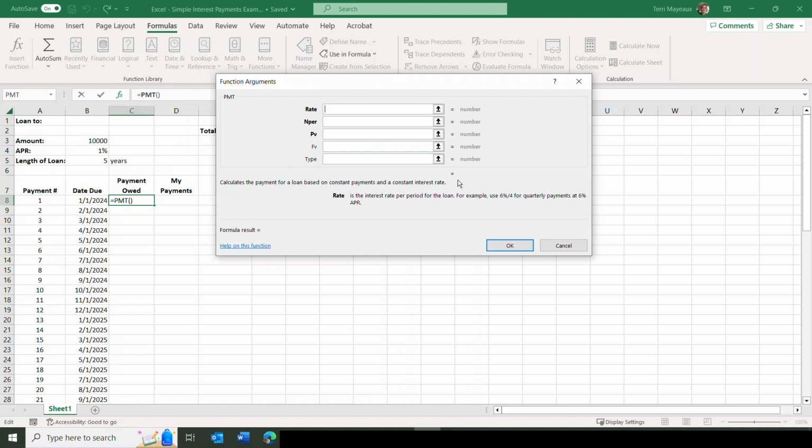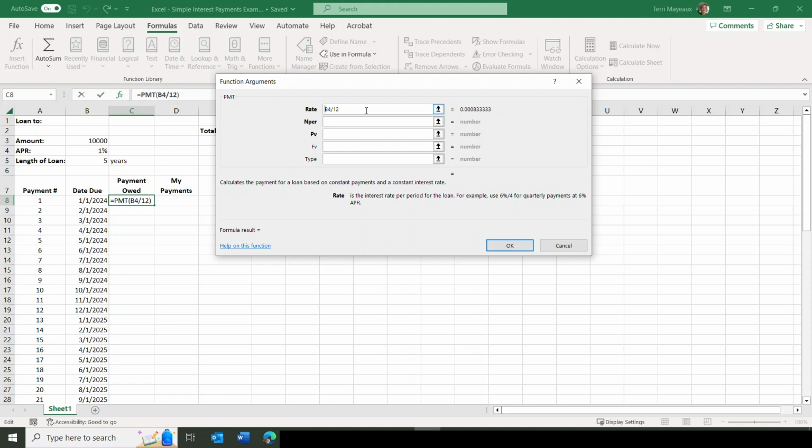Well, what we are going to do is, first of all, find the rate, and that is cell B4, but we are going to pay monthly, so that is B4 divided by 12. Now, I know from experience that I don't want to, as I copy formulas down, have that reference to B4 change.